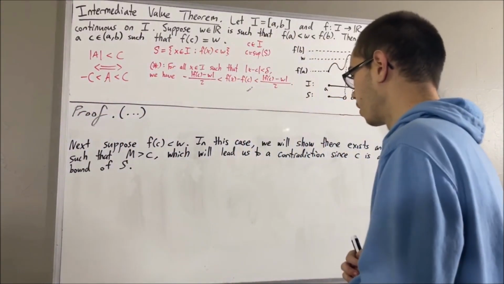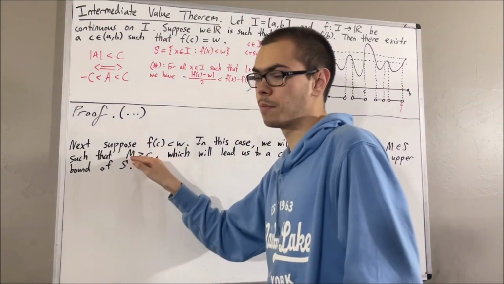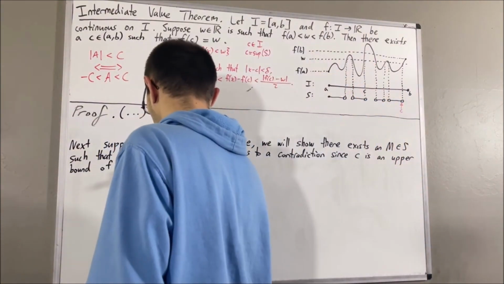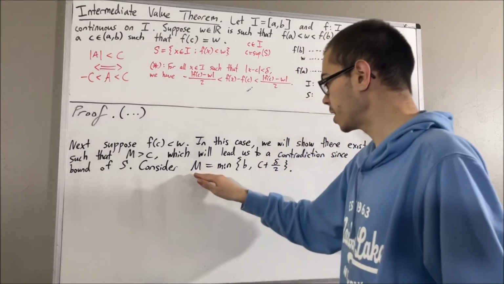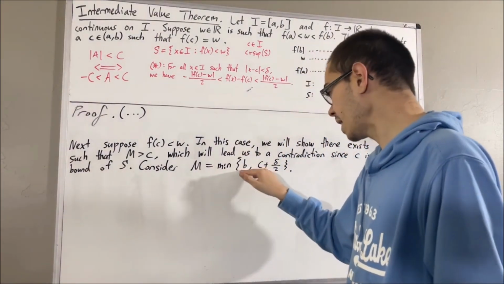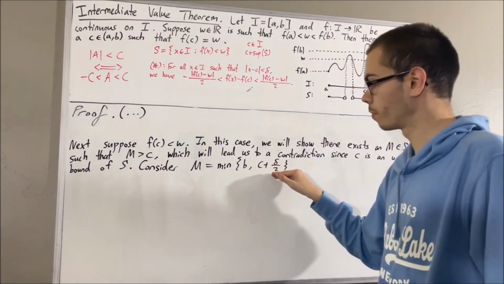Now, in particular, we're going to take M to be the following value. We're taking M to be the minimum of B and C plus delta over 2.